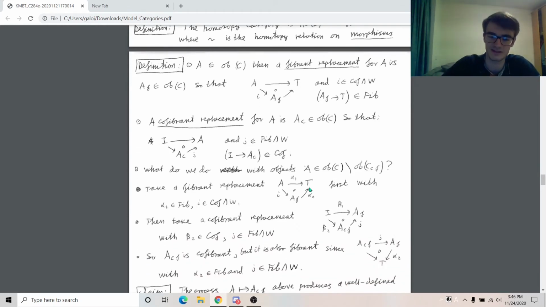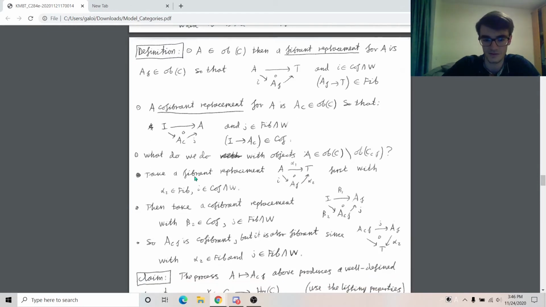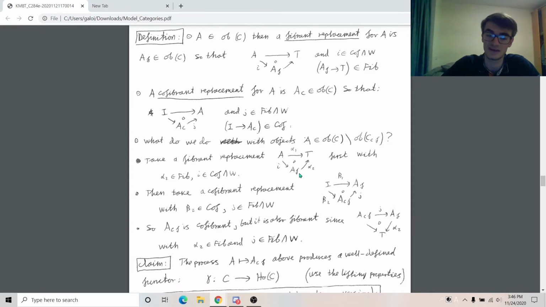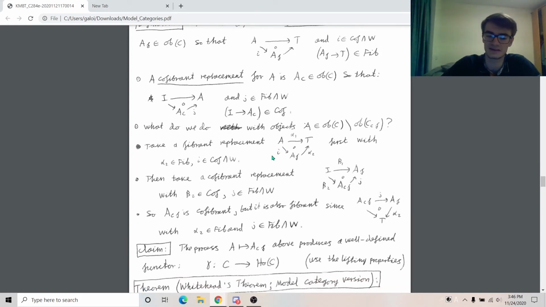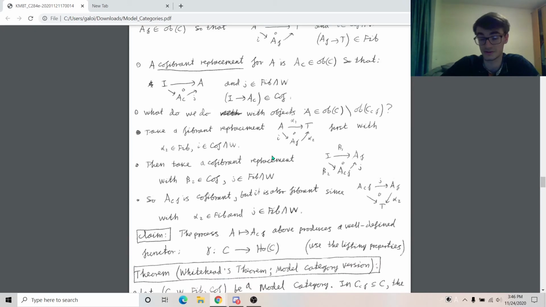So taking any object A, you do a fibrant replacement like this first, and then you take your fibrant replacement and you do a cofibrant replacement of that. I claim the object A_CF here is fibrant cofibrant, and it's weakly equivalent to the object you started with. And I claim that this process is functorial once you quotient out by homotopy equivalence.